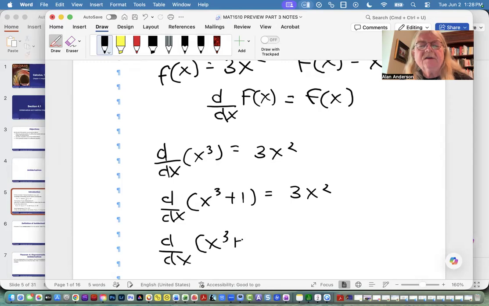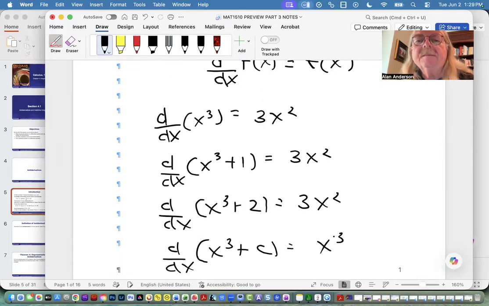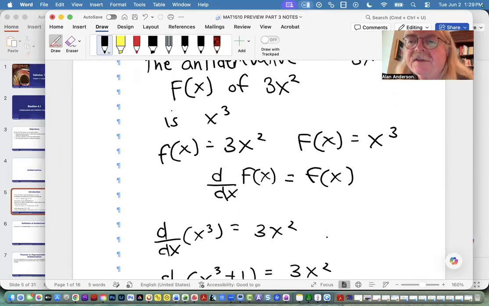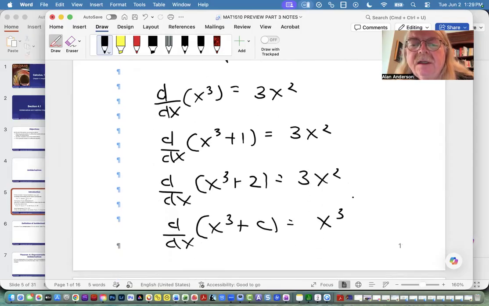In fact, for any constant, we're going to get the same result. So what that means then is that the antiderivative is not unique. There can, in principle, be any number of functions that represent our antiderivative, but all of them only differ by a constant.